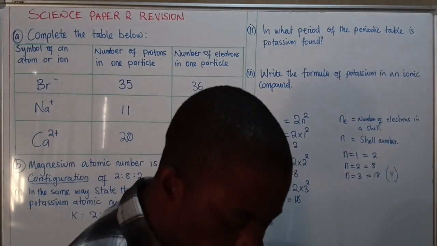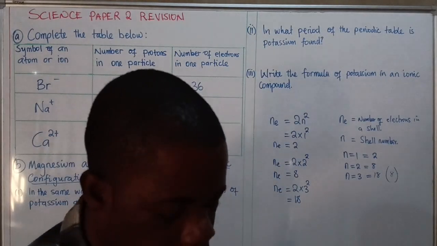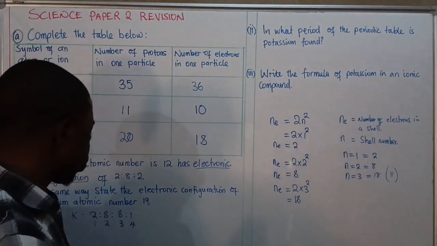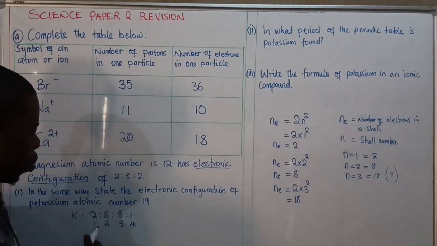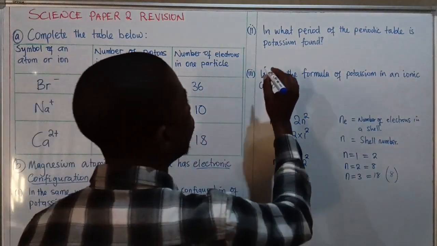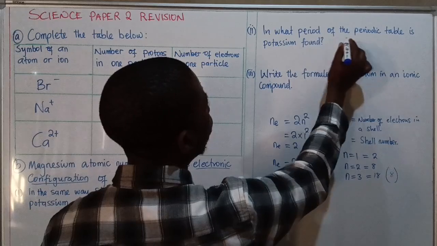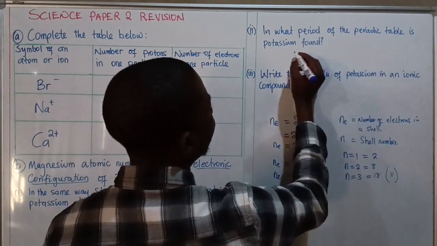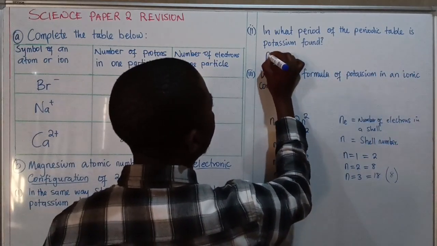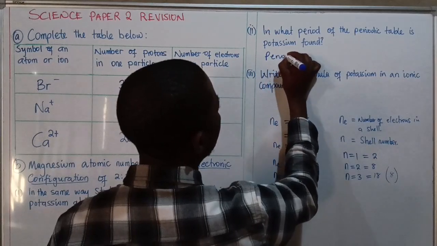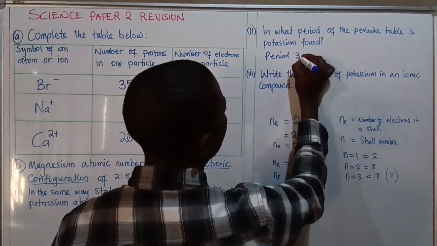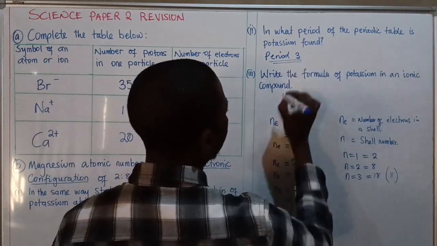Since it has 1, 2, 3, 4 shells, potassium is in period 4. So when they ask in what period of the periodic table is potassium found, you can say period 4.